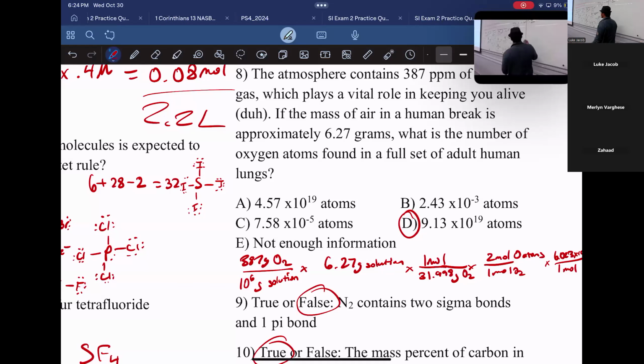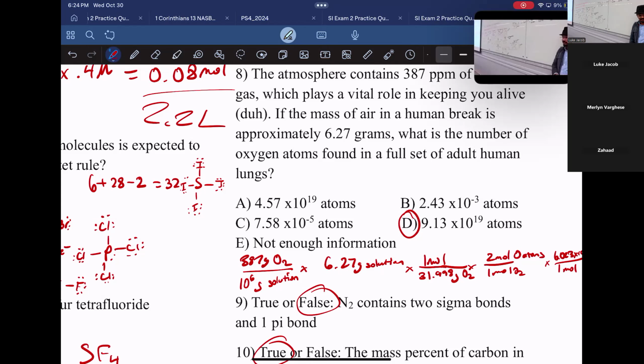So for every 1 mole of oxygen gas, there are 2 moles of oxygen atoms. Now we use Avogadro's constant: 6.023 times 10 to the 23 atoms over 1 mole. Then everything cancels out and you're left with atoms. So the correct answer would be D.